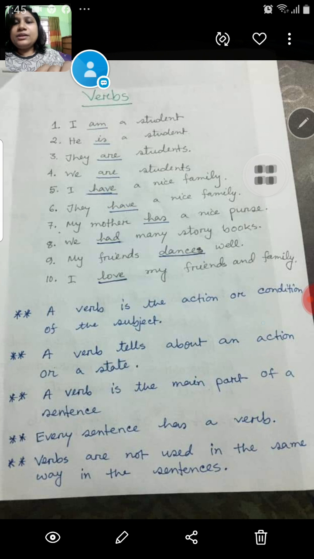Who has a nice family? They have a nice family. Who has a purse? My mother has a purse. This is called possessiveness. Something is mine, that means it is my book, it is your book. So this is called possessiveness, state of having something.